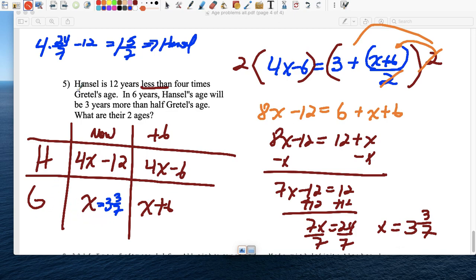And then Gretel is this. Let me just take a look one more time. Hansel is 12 years less than 4 times Gretel's age. Okay, Gretel is x. Hansel is 4x minus 12. 6 years in the future, 4x minus 12 plus 6.